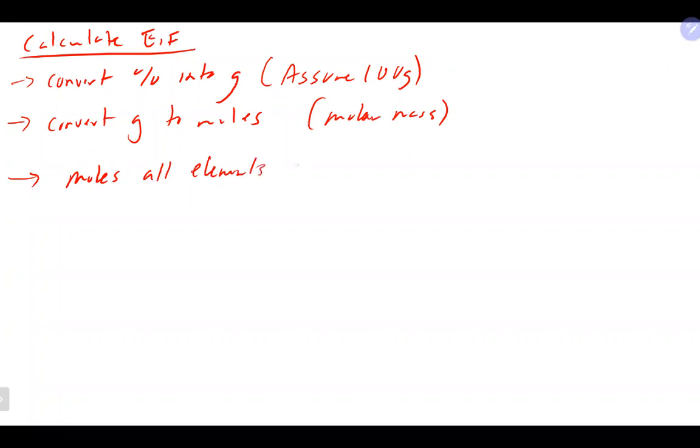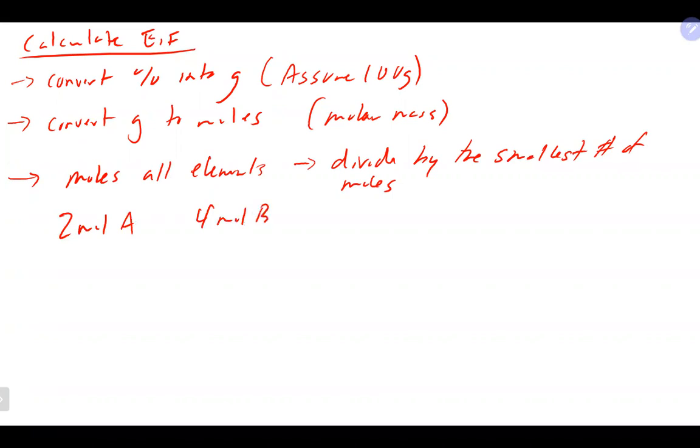You want to then divide by the smallest number of moles. So again, for example, if I had 2 moles of A and 4 moles of B at this point, here we would divide everybody by 2, which is the smallest number of moles.